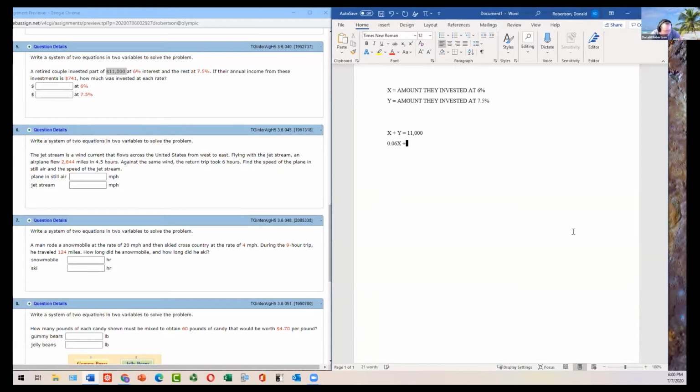If you then add up the money that they get for 7.5%, you get that guy. And that is going to equal $741. Agreed?